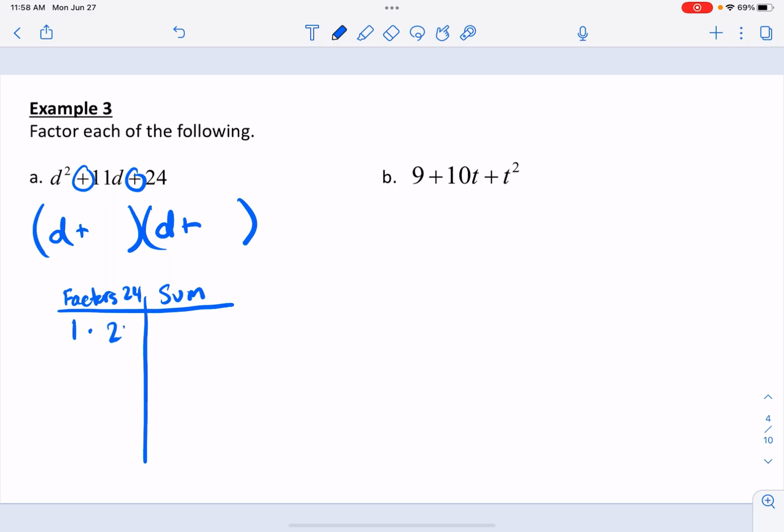So 1 and 24. That sum is 25. I need it to be 11. 2 and 12. That sum is 14. 3 and 8. Ooh, 8 plus 3. Hey, that's 11. So I have plus 8 plus 3.